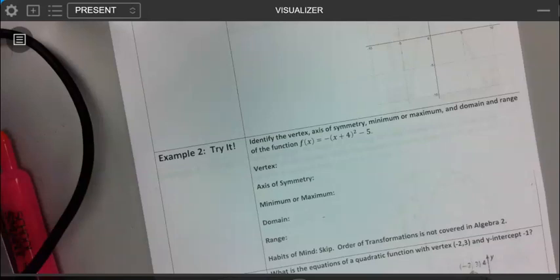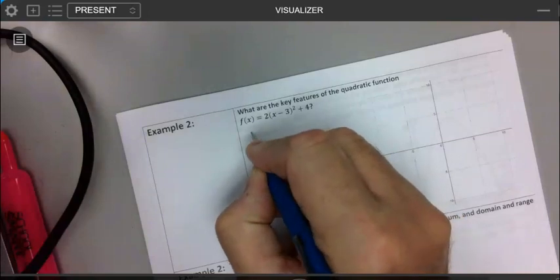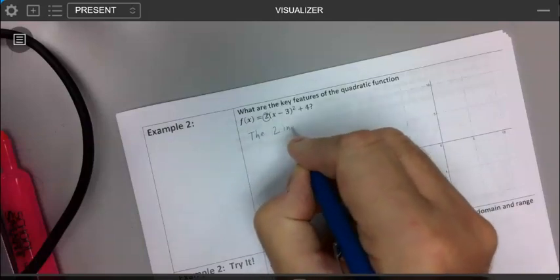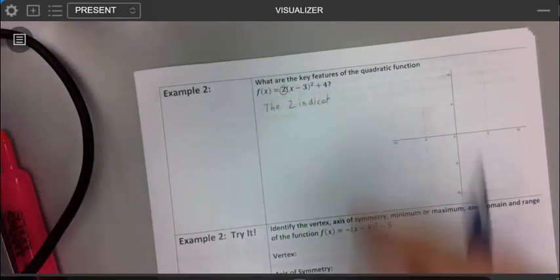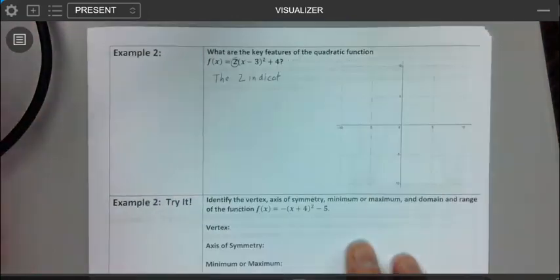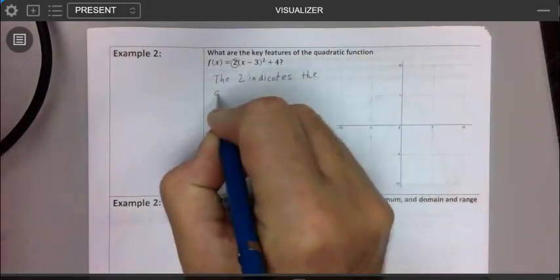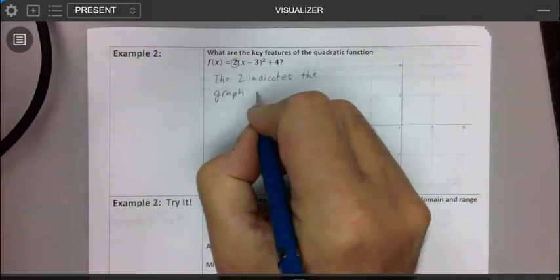Okay, the next one. What are the key features of this quadratic function? So the key features are this. The 2, this right here, indicates the graph opens upward.